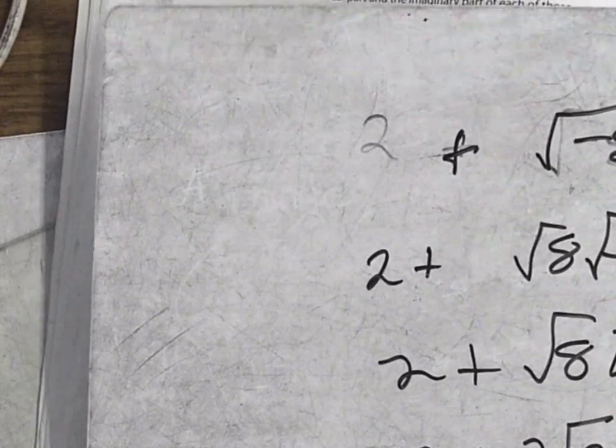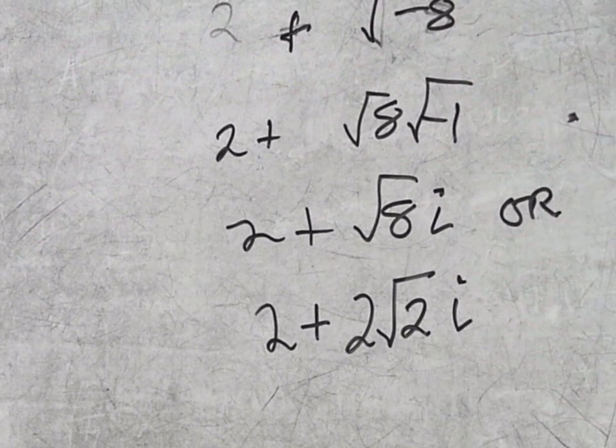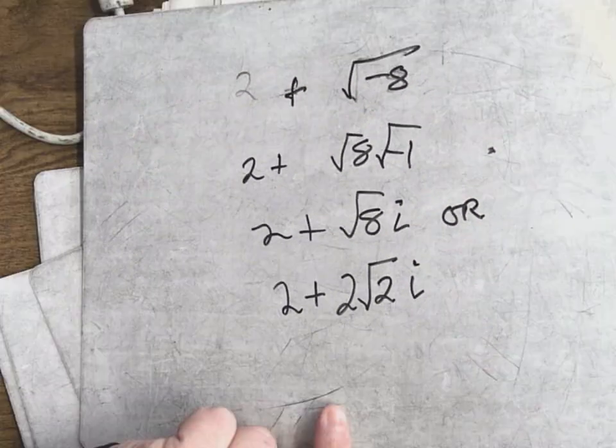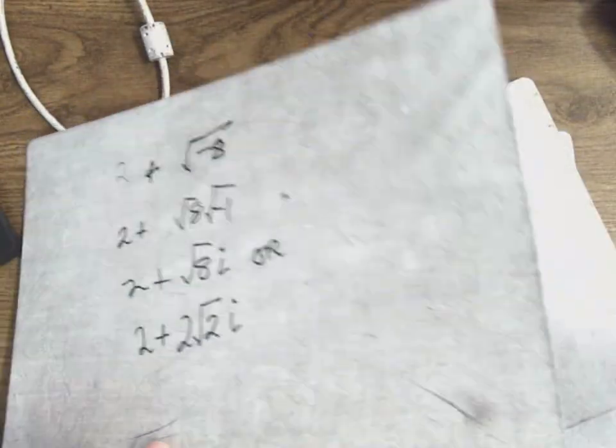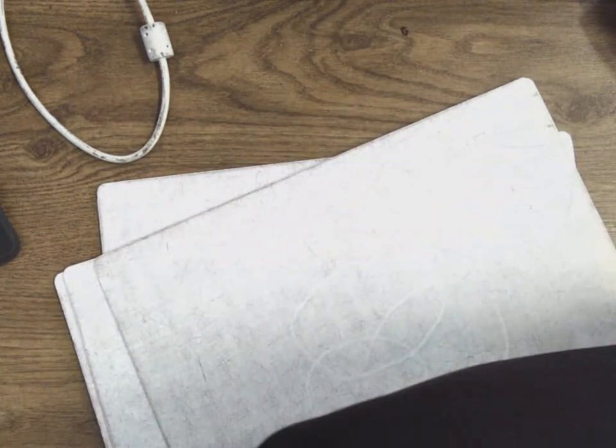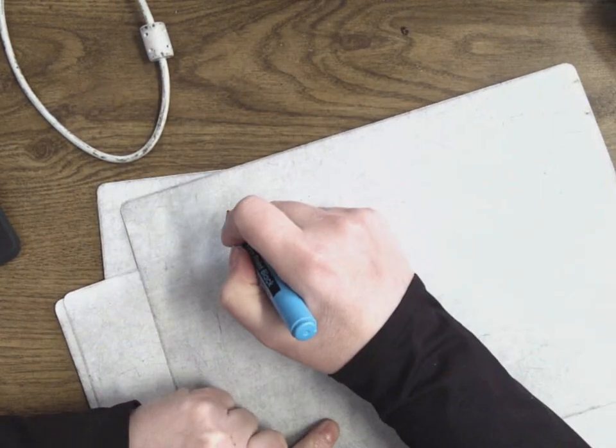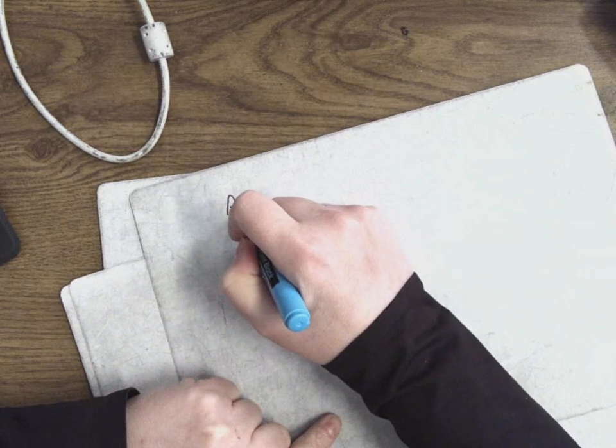Right. Moving on. So today we're doing adding, subtracting and multiplying complex numbers. Adding and subtracting is first.